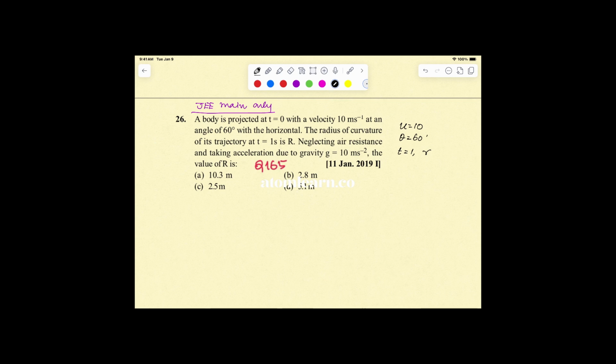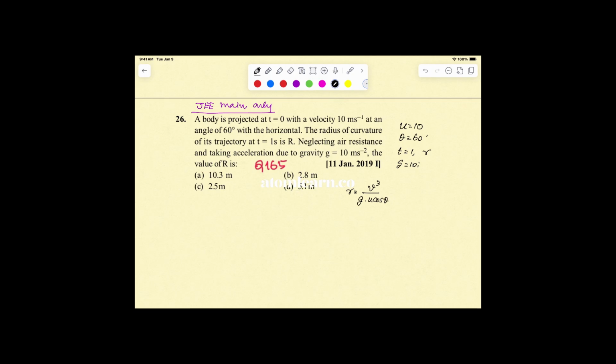Now at t equal to 1, and of course g equal to 10. Therefore what is the formula, if you can recall? By the way, this also is only for JEE Main. The radius of curvature formula is velocity cubed divided by g into u cos theta.